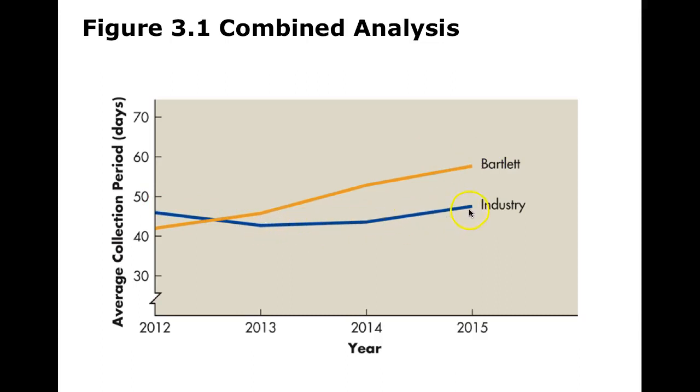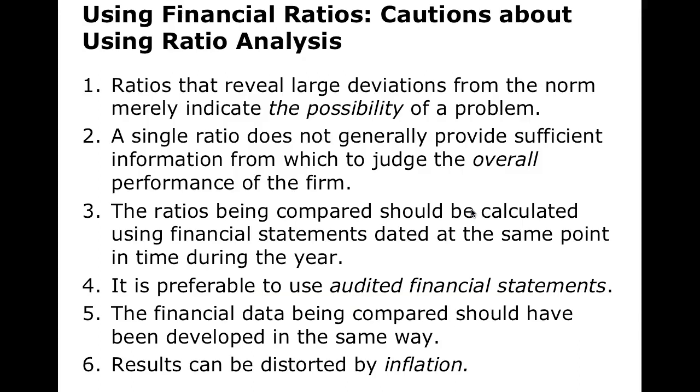It did increase at the end, but the industry is far below the company here. So their collection period is getting worse, and it's outstripping the industry. So that would be a time series analysis, usually expressed by charts. And you could see this in the Zoom simulation if you look at the individual or industry charts. We'll plot your time series of evaluation. Let me just pause here for a second.